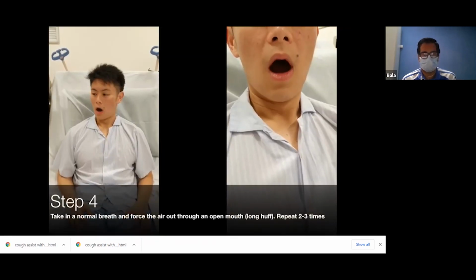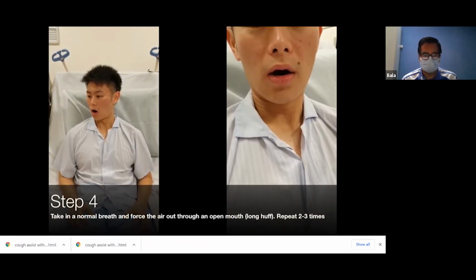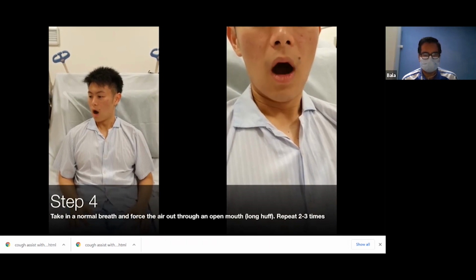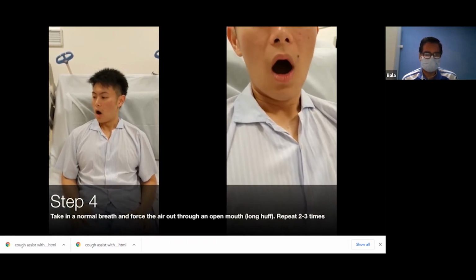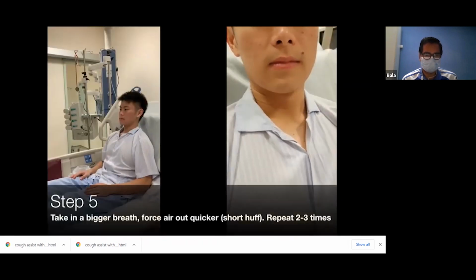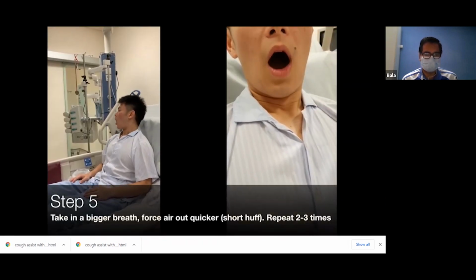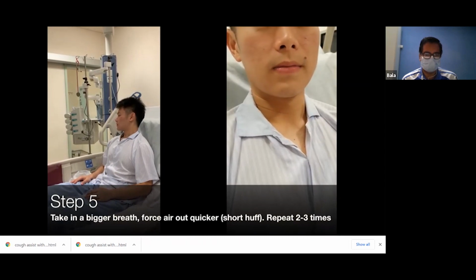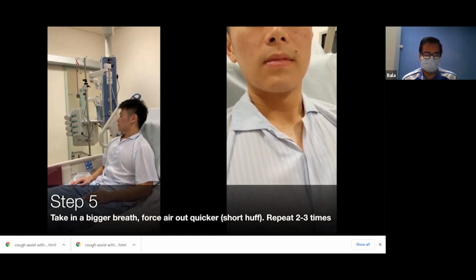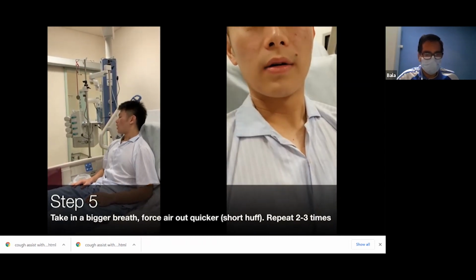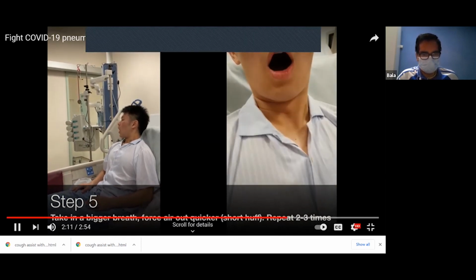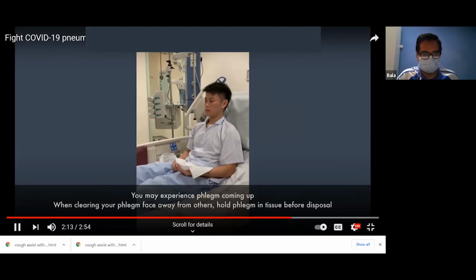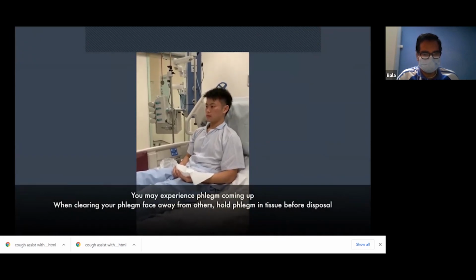Step 4. Take in a normal breath and force the air out through an open mouth as shown in the video. Repeat 2 to 3 times. Step 5. Take in a bigger breath and force the air out quicker than in the previous step. Repeat 2 to 3 times. You may experience phlegm coming up.